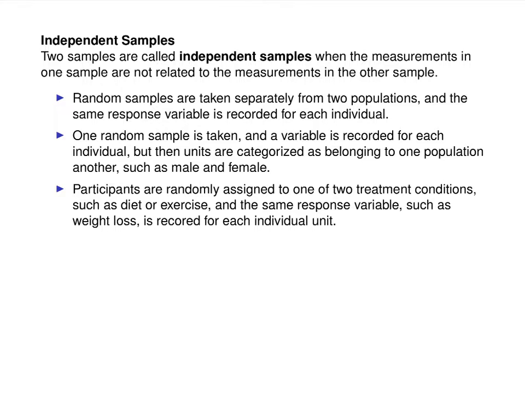So I'll take my class and divide you along gender lines into 2 groups. Or I could divide you by class lines, first year, second year, third year, or higher. Or participants are assigned to one of 2 treatment conditions, diet or exercise. This could also be a drug versus a placebo.